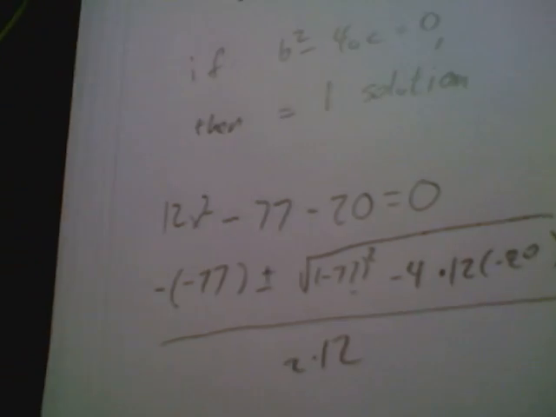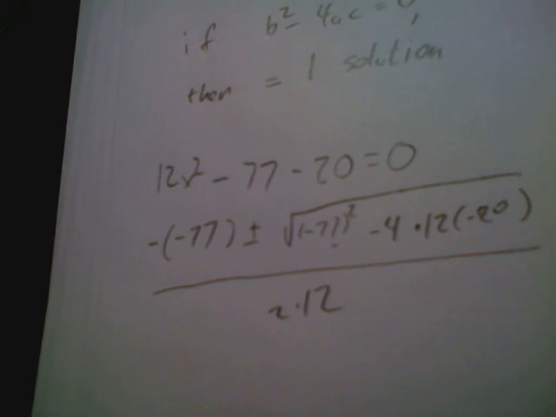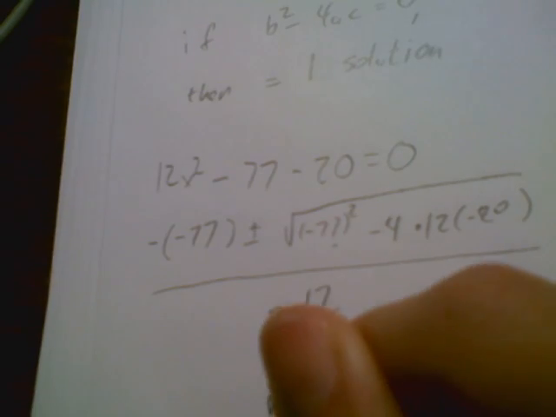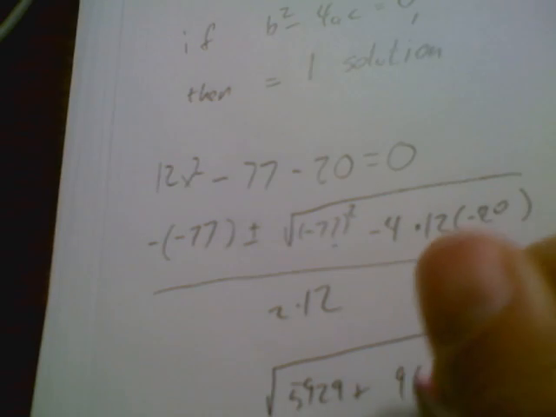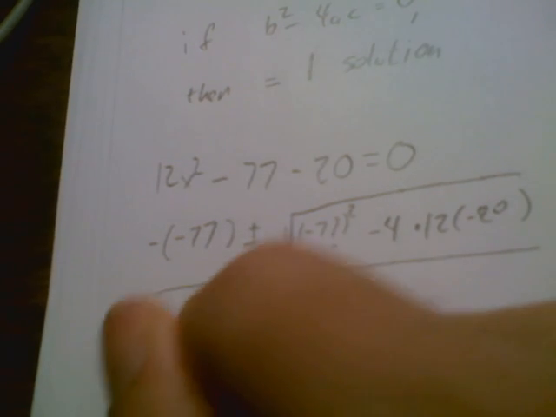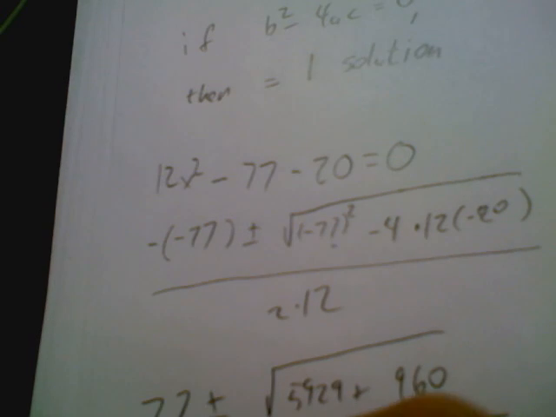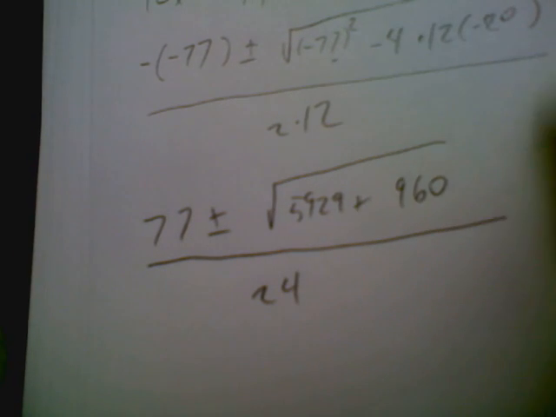And then we are going to simplify this. 7 squared is 49 plus 4 times 12 times 20 is going to give us 960, and it's 7 plus or minus that, everything over 24. So that is our new simplified from this.